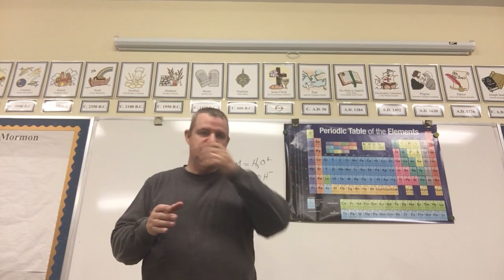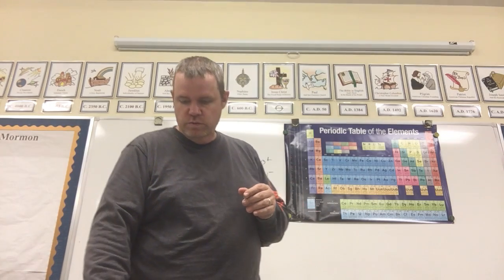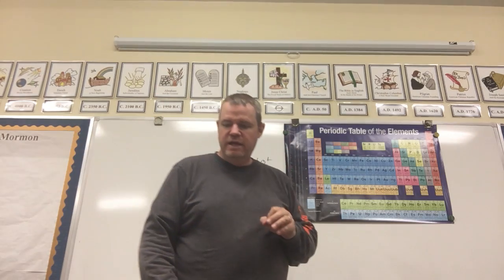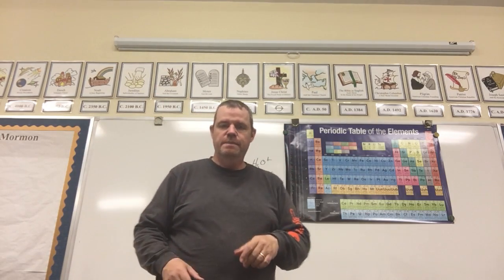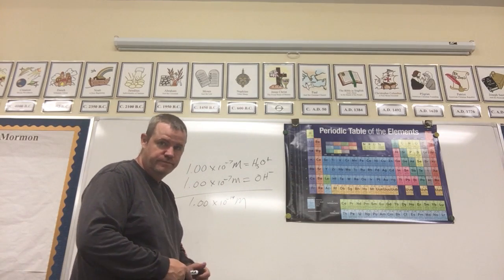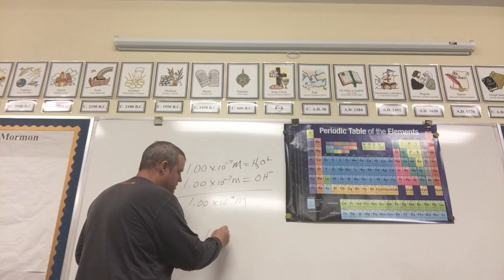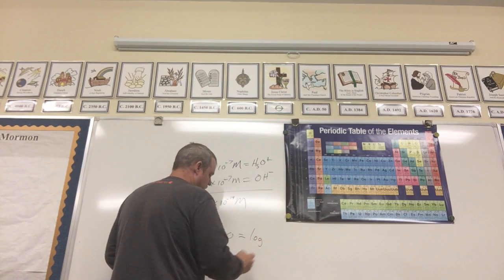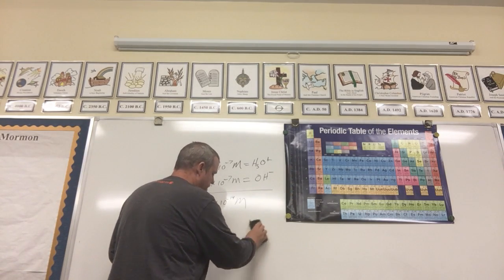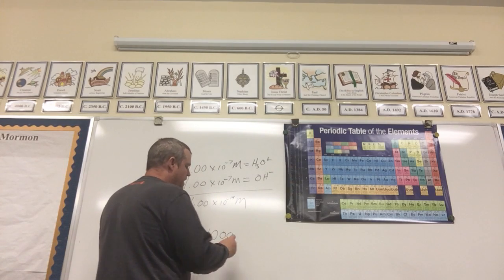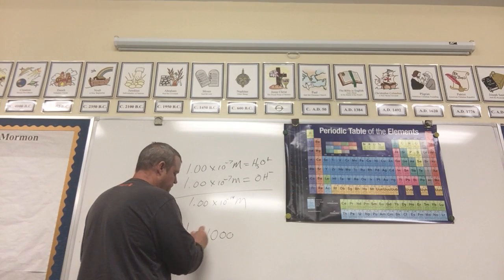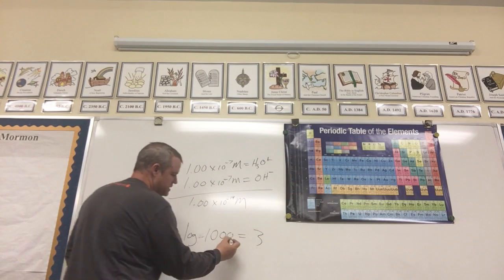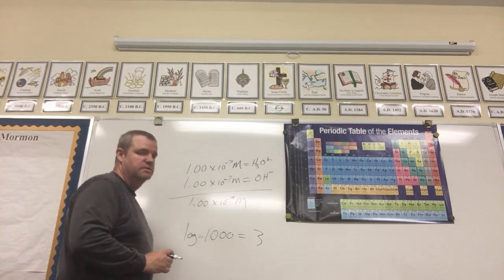We'll go over it a little bit in your book to make sure I don't mix it all up, but it's powers of 10. So if you take the log of 1000, then that's going to equal 3, because there's 3 positions.